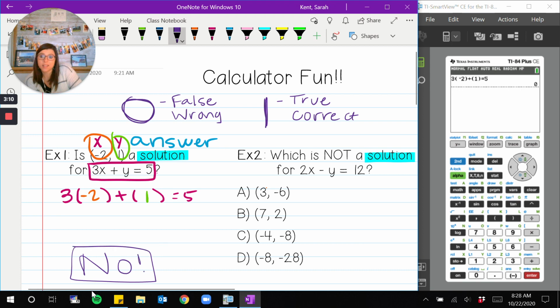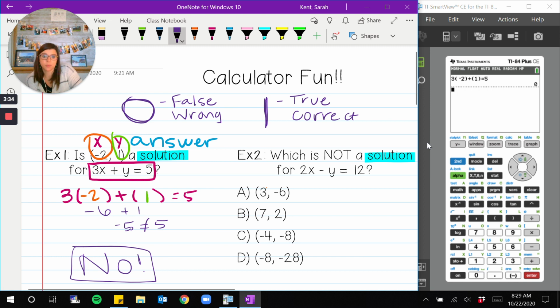So what the calculator did was it said that 3 times -2 is -6, and -6 plus 1 gets us -5. And when we look, -5 is not equal to +5. So that's why the calculator said 0, because when I answer this, these two are not the same number. So no, it is not a solution.